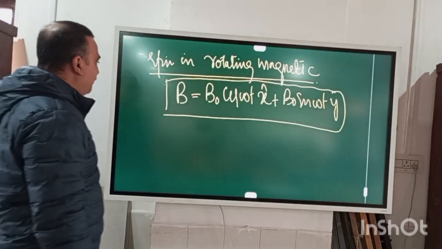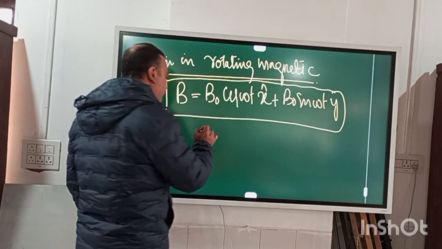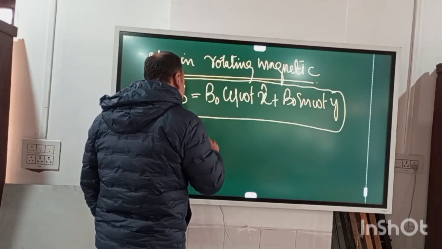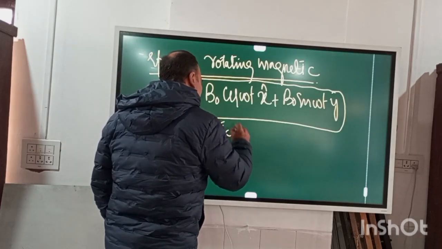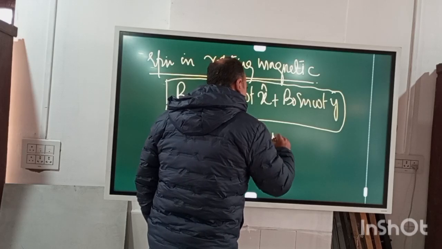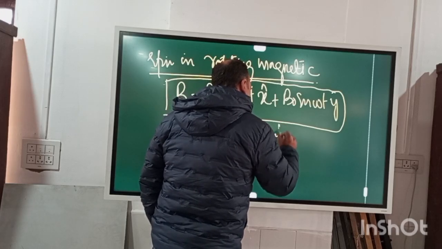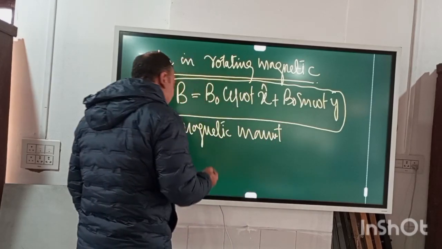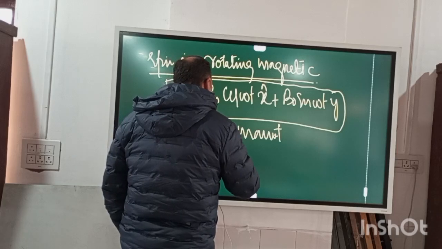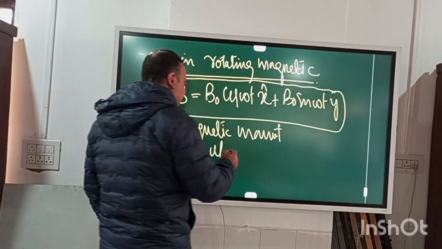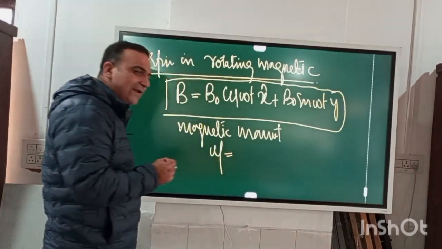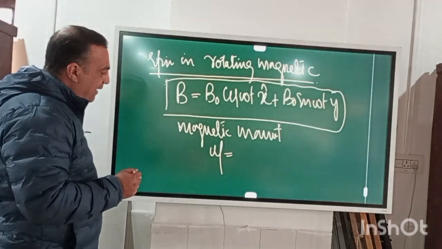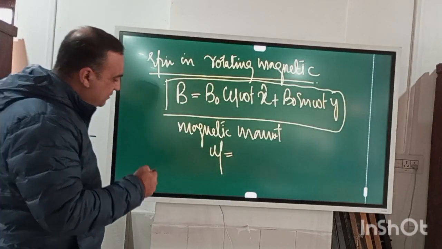Then I'll start with the definition of magnetic moment. So if I go with the magnetic moment of the electron, I have mu. There's a relation between the magnetic moment and the spin.